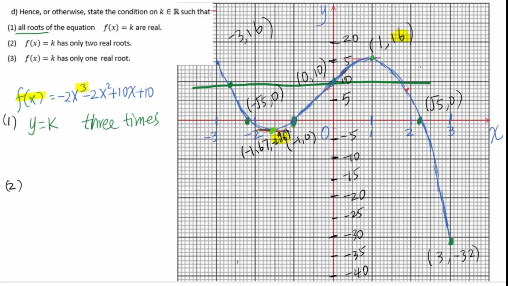It will cross this f of x 3 times. You could say when this line is between the maximum point here, 16, and -2.96, there will be 3 intersections between y equals k and y equals f of x.